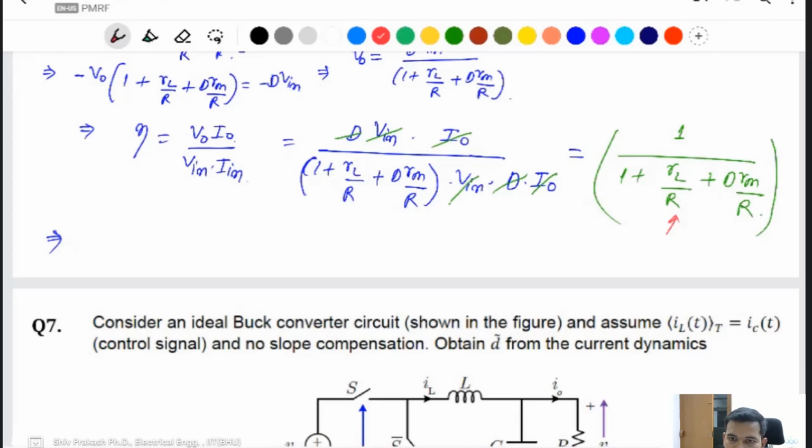Think like this: if the output voltage reduces, the output current will also reduce. It looks like there is no variation in input and output current. But in practical cases, if the output voltage is reduced, the output current is also reduced. But the relation between I naught and I in remains the same. Only the voltage relation, V naught by V in, gets affected.